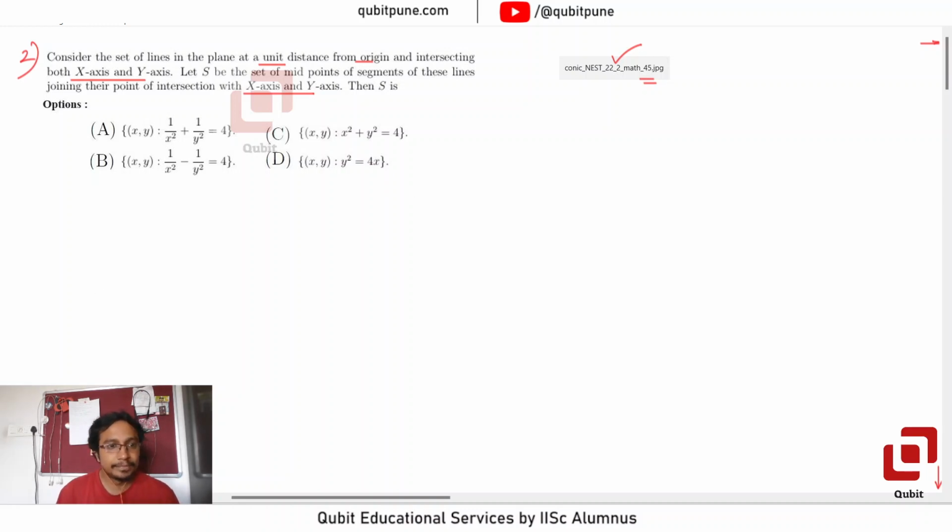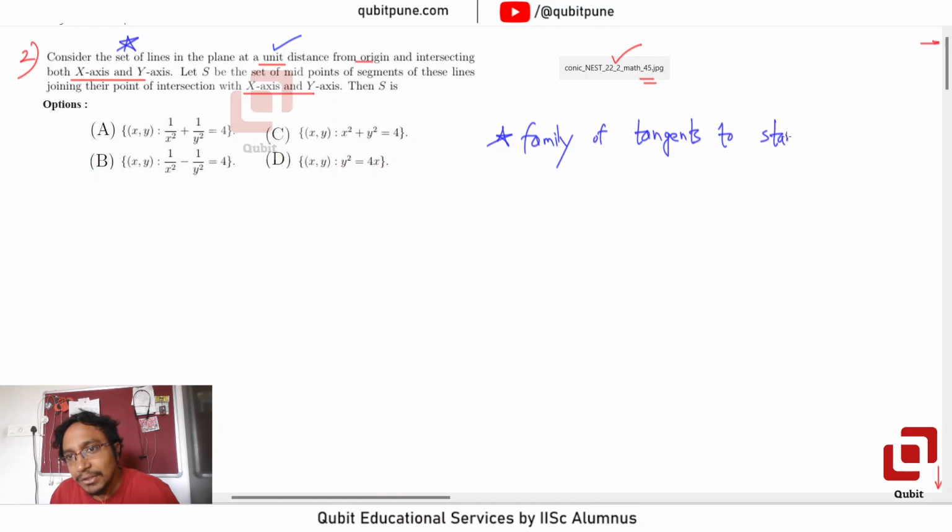Now look, what could be the set of lines in the plane at a unit distance from the origin? This basically is a family of lines, or rather let me put it this way, a family of tangents to the standard unit circle.